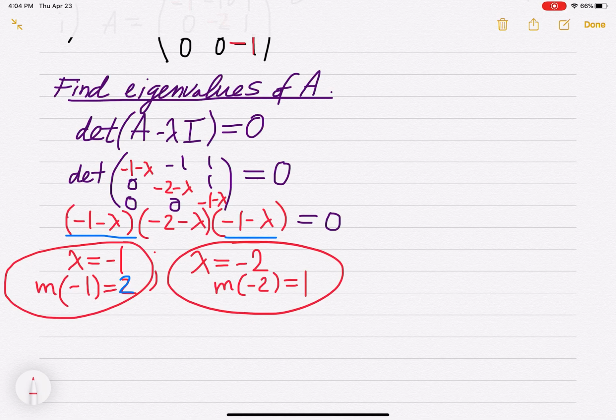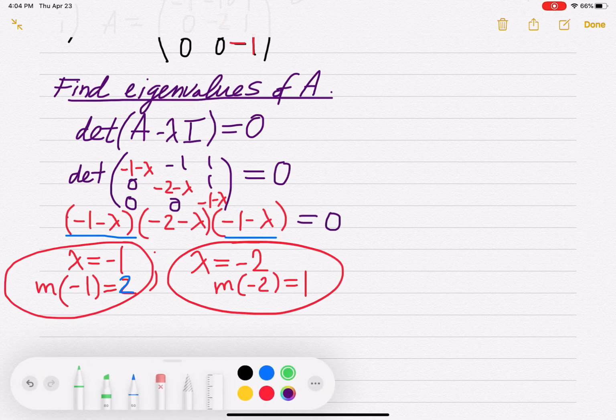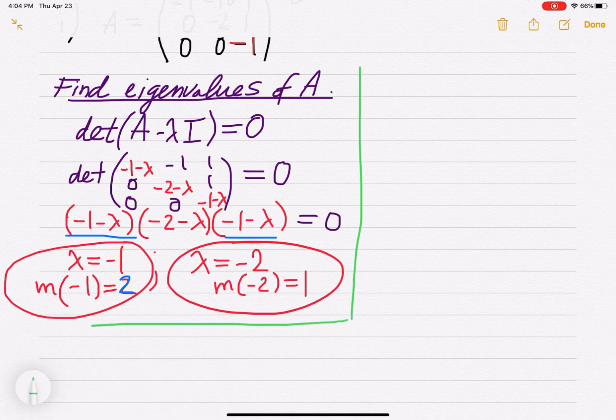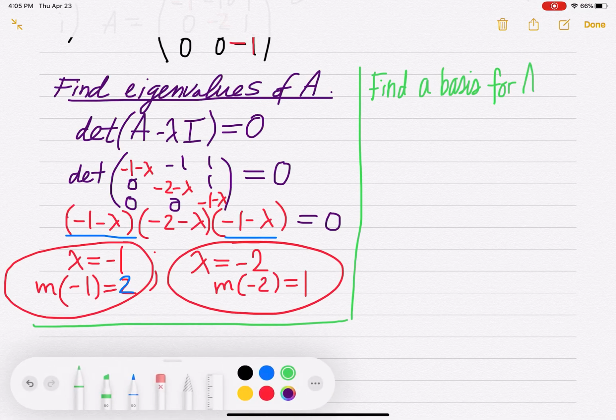So once you have the eigenvalues, then you want to find a basis for each corresponding eigenspace. Find a basis for the eigenspace. It's not an eigenspace, it's A, isn't it?